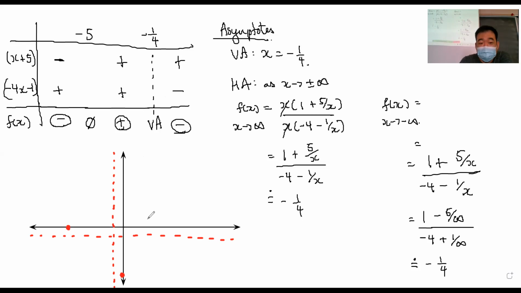Okay, from there, my chart tells me that I am coming from this side, negative 1 over 4. I'm approaching from negative 1 over 4, and I have to stay on the negative side until I hit negative 5. The vertical asymptote, I have to be on the positive side like this.